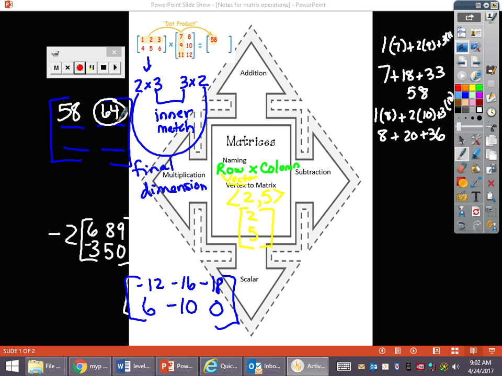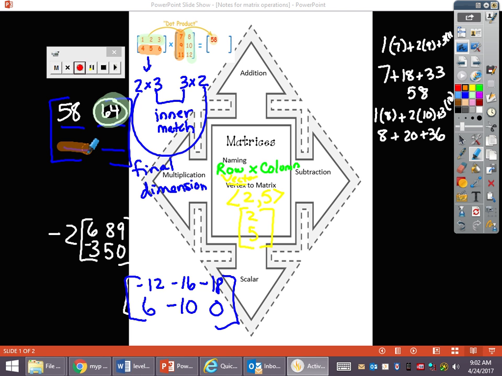Okay? So I went back and I did this same row times this column to get this number. Now you're going to do this row times this column to get that answer.